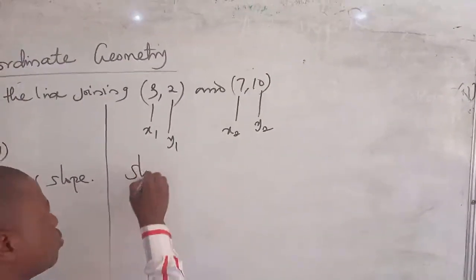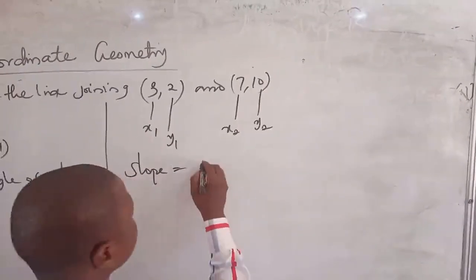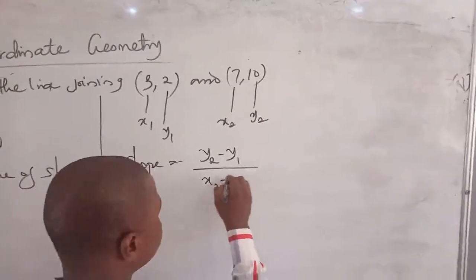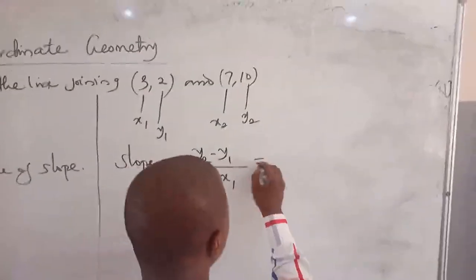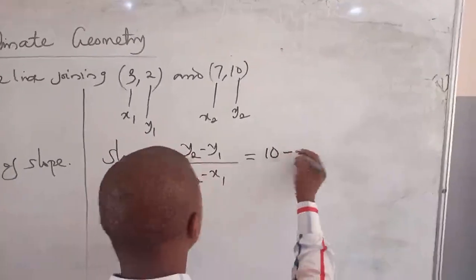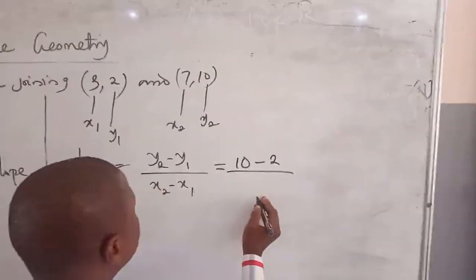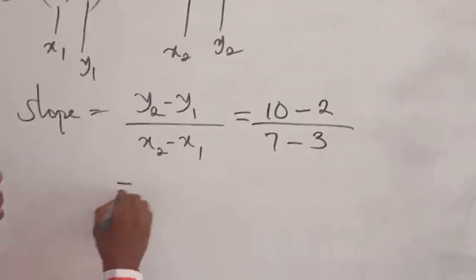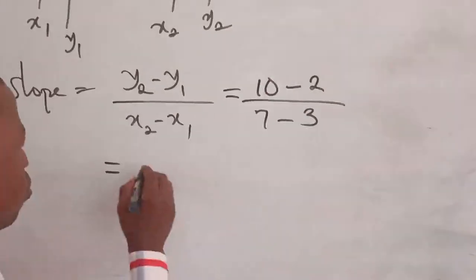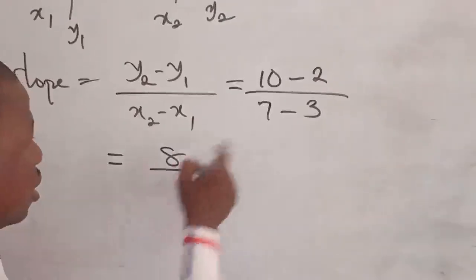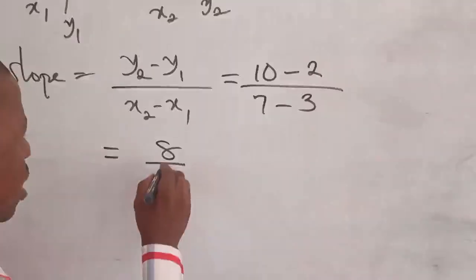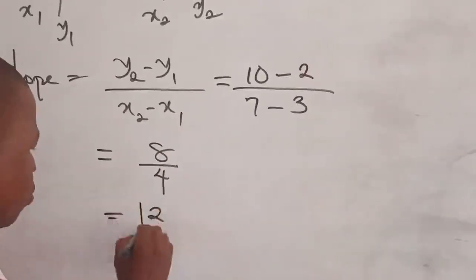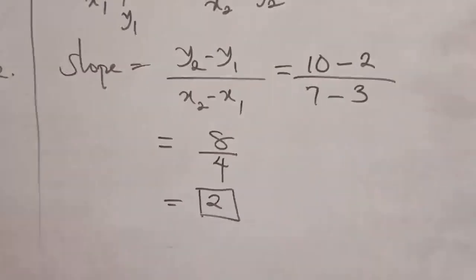And our slope equals y2 minus y1 over x2 minus x1. y2 is 10 minus y1, 2, x2, 7 minus x1, 3. So this is 10 minus 2, we have 8. 7 minus 3, we have 4. 8 divided by 4, we have 2. So this is our slope.